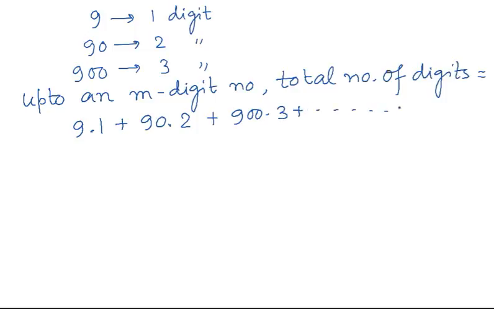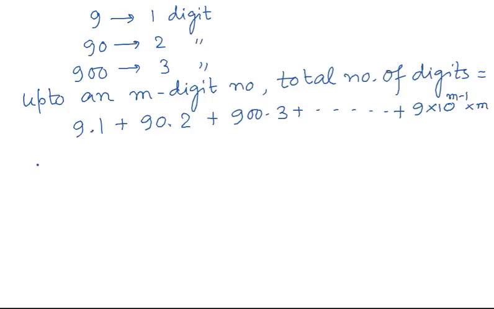In this way it is going to continue. For the m-digit numbers, it is definitely going to be 9 into 10 to the power m minus 1, into m, because from the pattern, for 1-digit numbers there are 9, for 2-digit numbers 90, for 3-digit numbers 900. So for m-digit numbers there will be 9 into 10 to the power m minus 1 numbers, each with m digits.